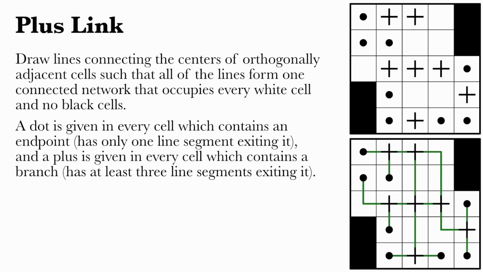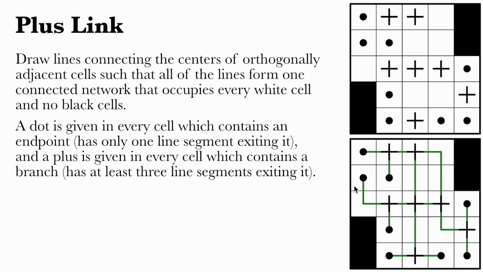So this is saying that in our final result, we're going to have lines that we drew that enter every white cell in the grid, and following those lines, which have to be horizontal and vertical, we can get from any one cell in the grid to any other cell using that network. So think of it like a subway map where these are the stops, and everything is connected.